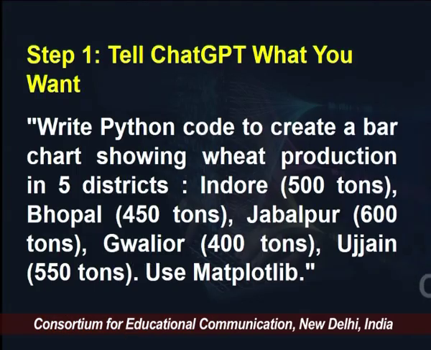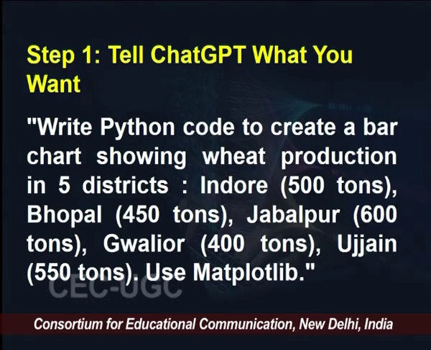Again, let's break down these steps for our data visualization module. The first step is to tell ChatGPT what you exactly want. For example, if I want a data visualization which is a bar chart, and we will come to what a bar chart is, but let's quickly understand the steps first. You can prompt ChatGPT or your AI assistant tool of choice to write Python code to create a bar chart showing wheat production in 5 districts.